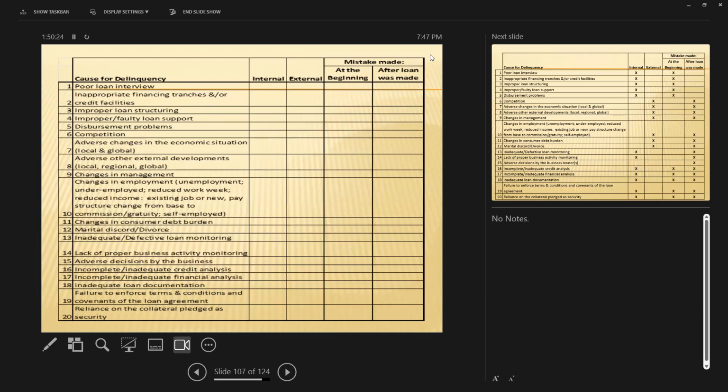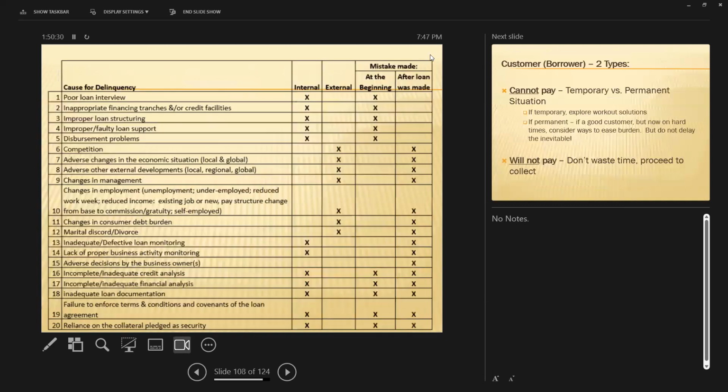You see the causes for delinquency in columns. The next screen shows whether it's an internal problem or external problem. Then it tells you where the mistake was made.